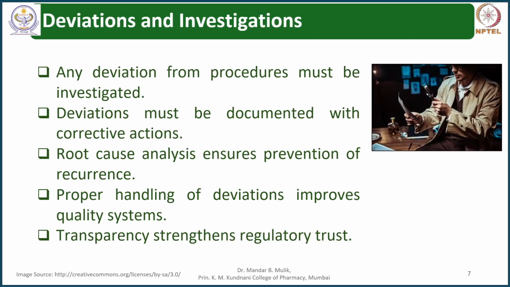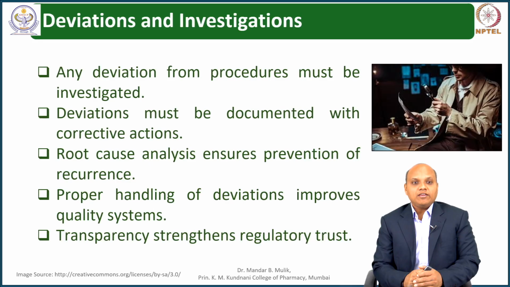Deviations and investigations. Any deviation from procedure must be investigated. All deviations need to be considered as a change in the procedure, and as we have discussed earlier, a change having a major impact on quality needs to be well documented.